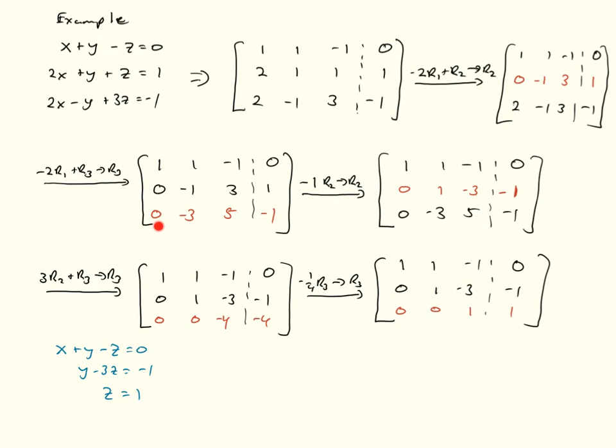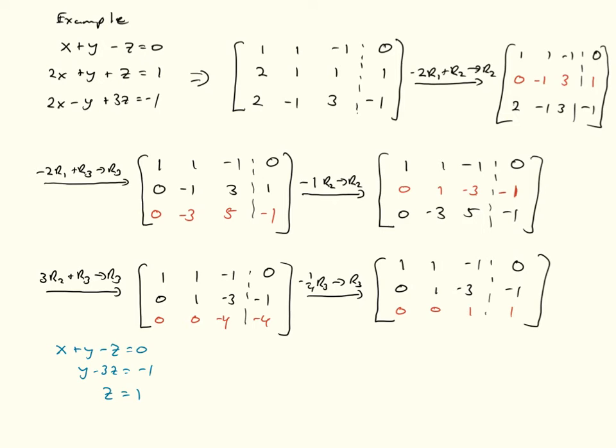That's where I get that 0. Negative 2 times 1 is negative 2. Add it to negative 1. That's what gives me the negative 3. And negative 2 times negative 1 is positive 2, added to 3, that gives me the 5. And negative 2 times 0 added to negative 1 is negative 1. So our new third row is 0, negative 3, 5, negative 1.